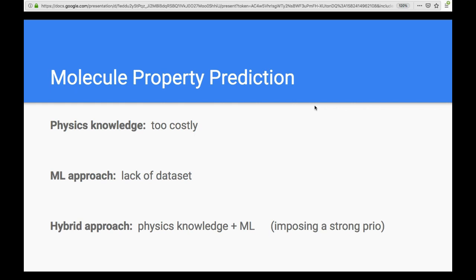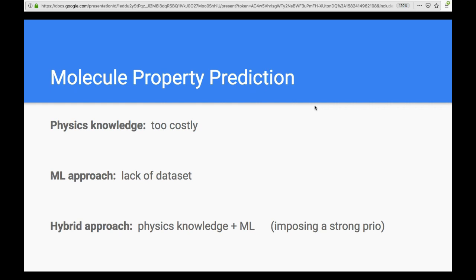And because of that, a lot of people actually come up with machine learning approaches. But the problem is, we don't really have large data for that. So lack of data sets is a really big problem for the machine learning approach. And the third one is hybrid.